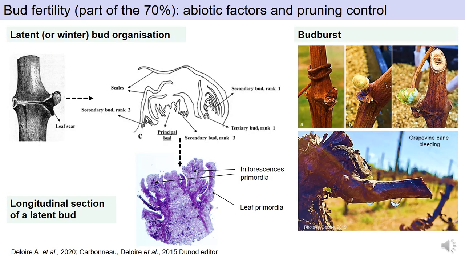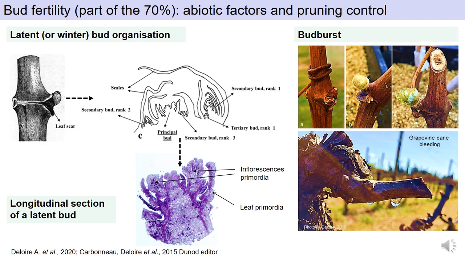This slide is showing the morphological organization of a latent bud, and this is a histological section of a latent bud during winter. And you see that within the latent bud you don't have only one future bud, but at least 3 buds.